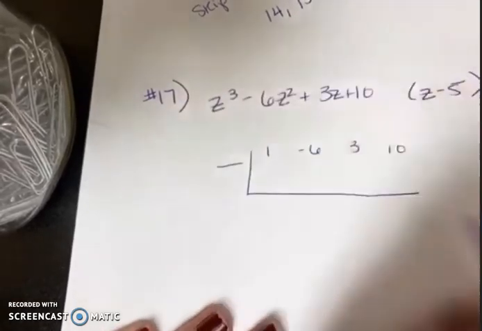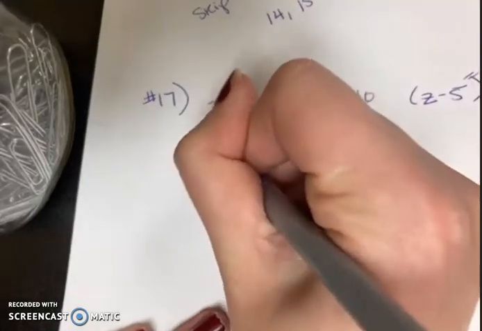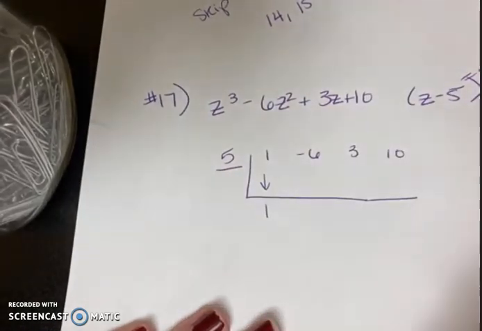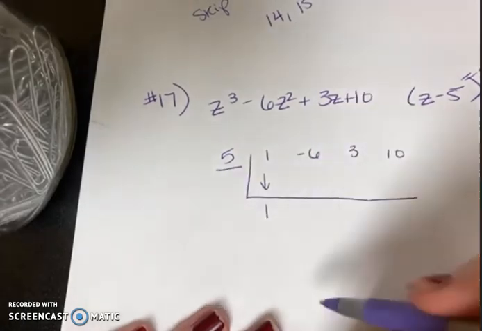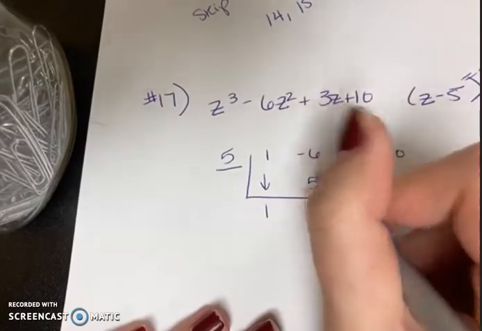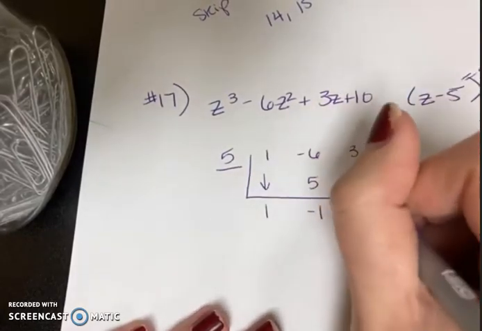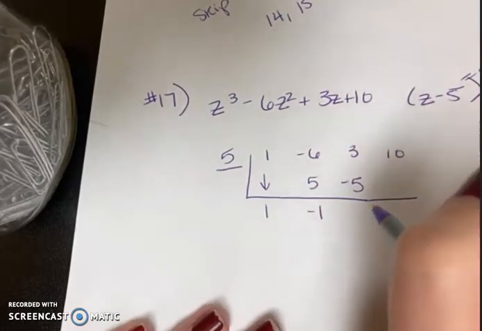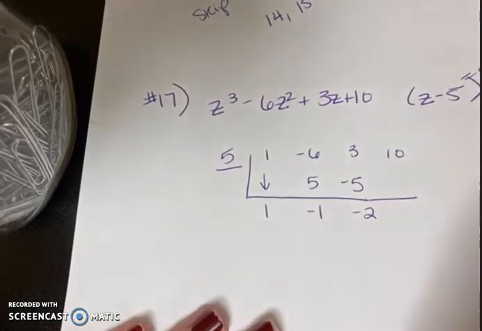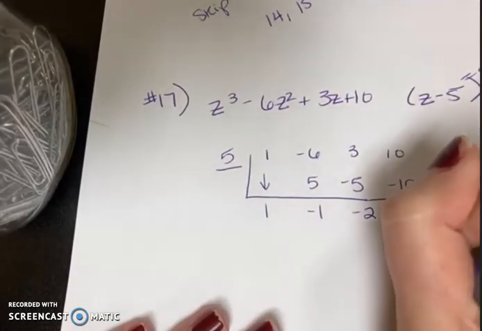To get the number that goes on the outside, we set our divisor equal to 0, so that would give me a positive 5. Bring down the first coefficient and start our pattern of multiplying, adding, multiplying, adding. So 1 times 5 is 5, negative 6 plus 5 is negative 1, negative 1 times 5 is negative 5, 3 plus negative 5 is a negative 2, negative 2 times 5 is a negative 10, 10 plus a negative 10 is a 0.